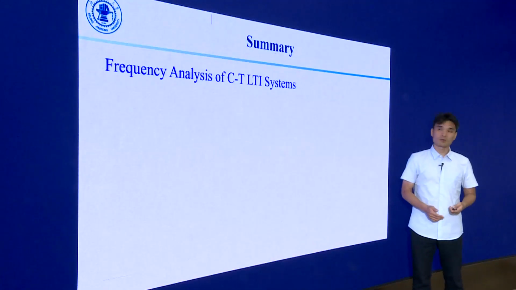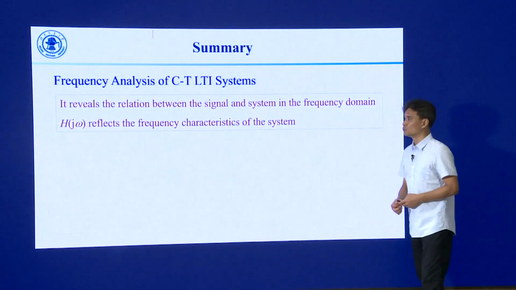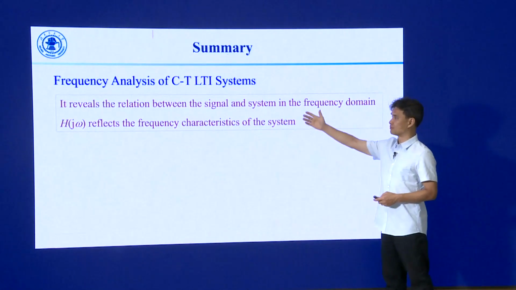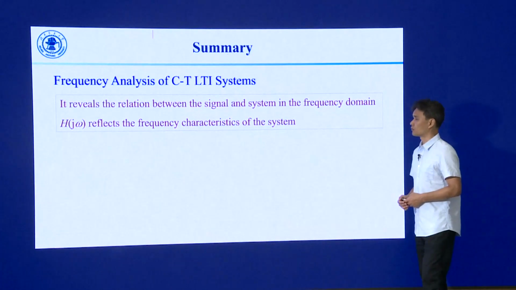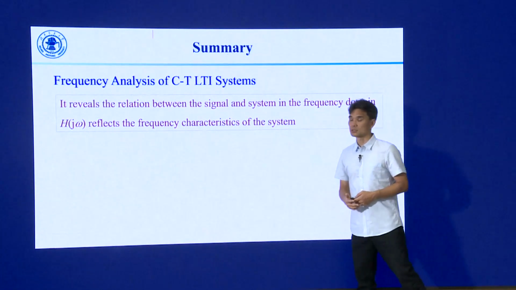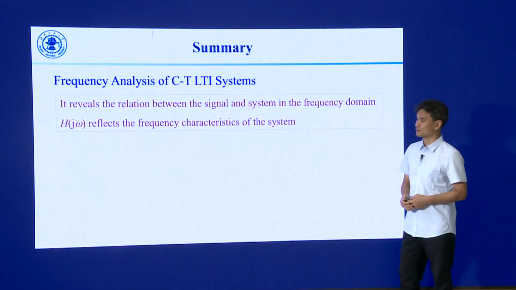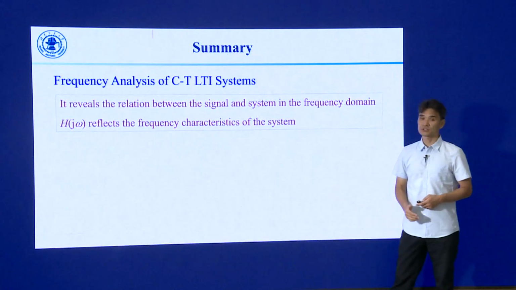Now let's summarize. The frequency analysis of the continuous-time LTI system reveals the relationship between the input signal and the system in the frequency domain. The frequency response H(j omega) reflects the frequency characteristic of the system.